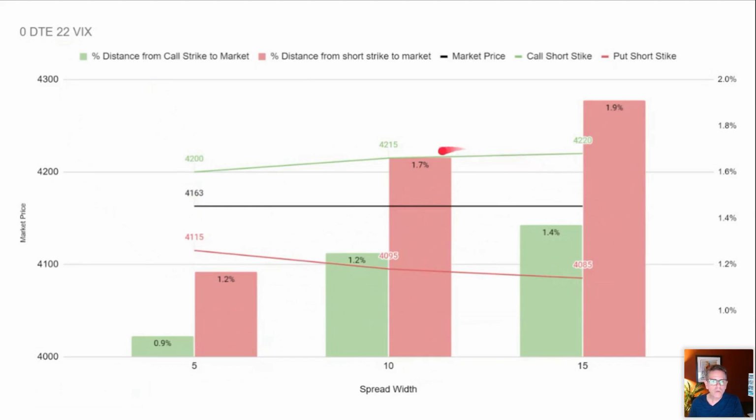Okay, so I was trading 15 wide, and I went back to trading 10 wide because it just doesn't make any sense. You don't get a lot of distance in that position to go to 15 wide. I know people that trade 30 wide, as well. And what happens is you get a diminishing return as you go wider and wider out there, and it just doesn't make any sense.